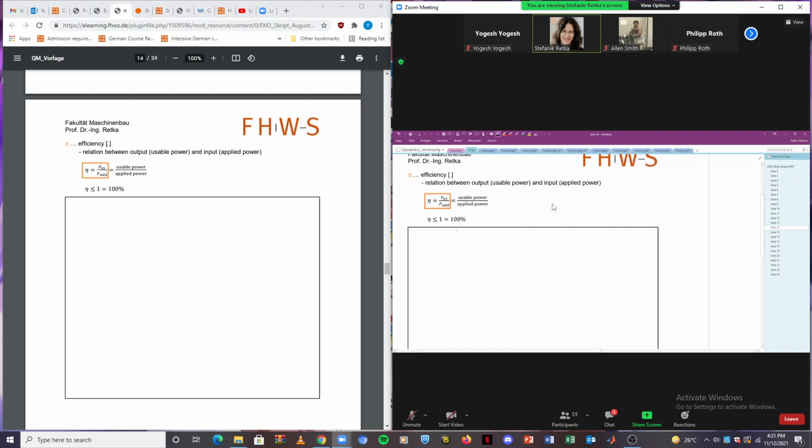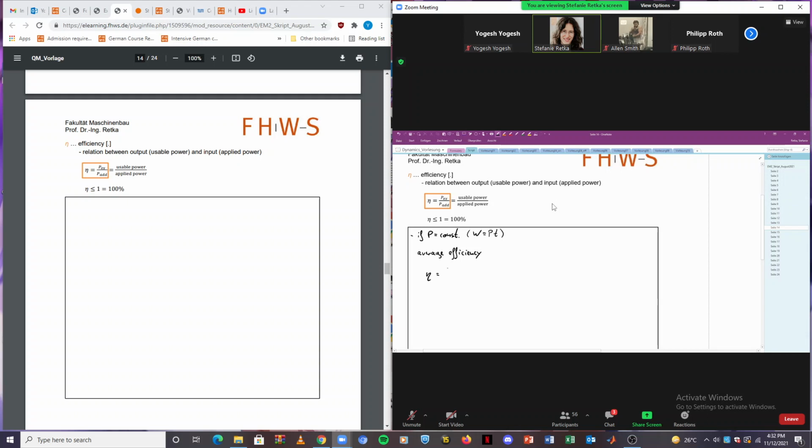Now, in case that we have a constant power, constant over time, meaning that work performed is equal to P times t, we can compute the average efficiency using the work instead of the power.